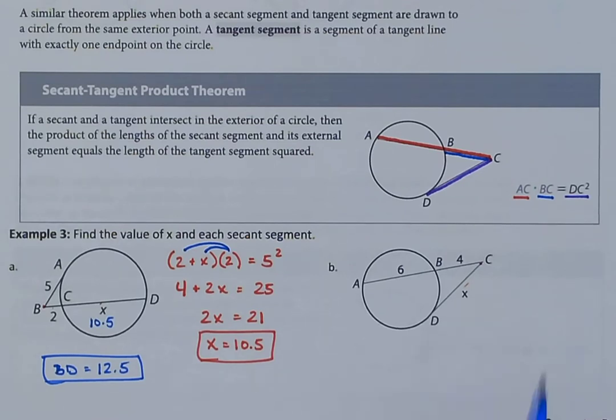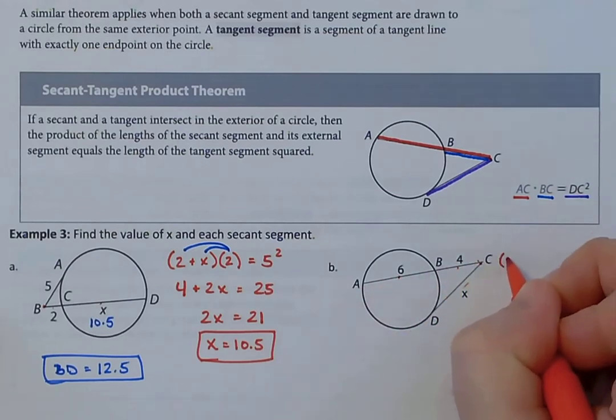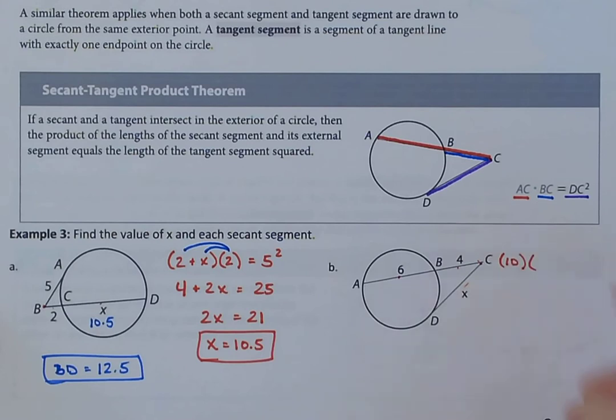So the last one for B, if we set this up again, remember it's the secant, which is the whole thing. So that would be the 6 plus 4. So that's 10 times its external part, which is 4, equals the tangent segment squared. So that's going to be x squared.